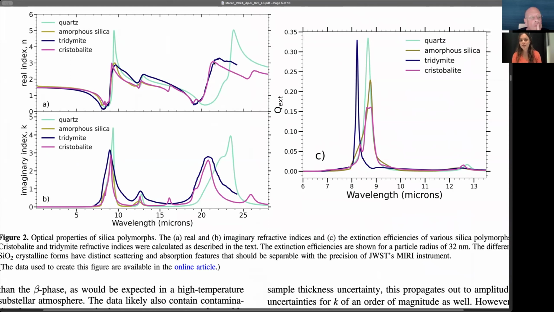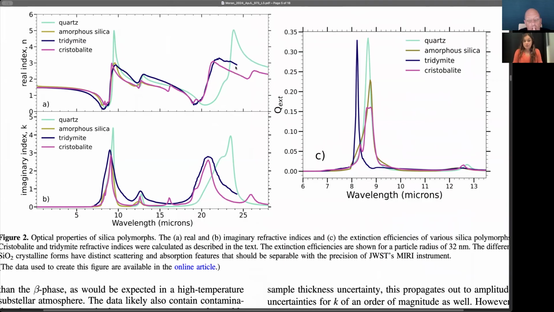The turquoise are the quartz values used in that original WASP-17b paper. The gold is the amorphous values also used in that same paper. And the blue and pink are my new values that I've calculated for tridymite and cristobalite.